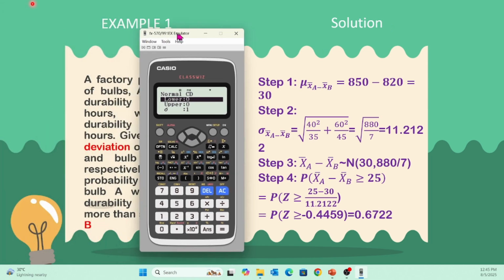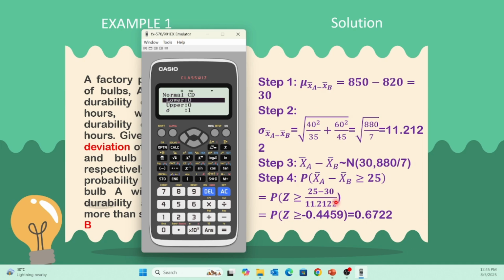First, we change the original distribution into the standard Z distribution, where the mean is 0 and the standard deviation is 1. Here Z is greater than or equal to negative 0.4459. The area is on the right-hand side, so the minimum is this value and the maximum is a very large number.